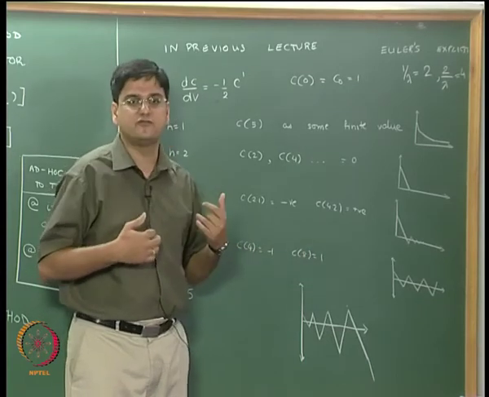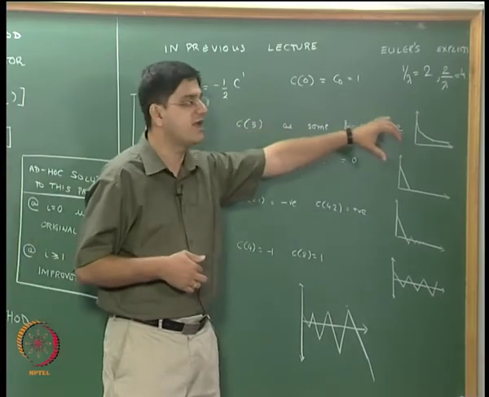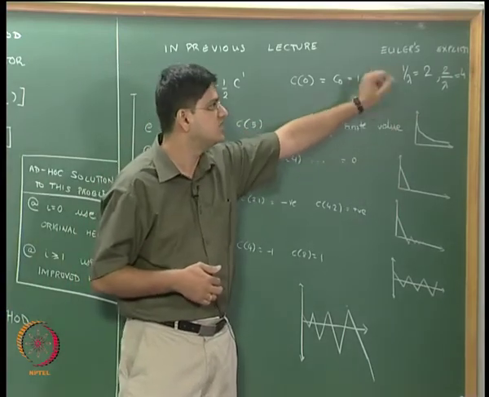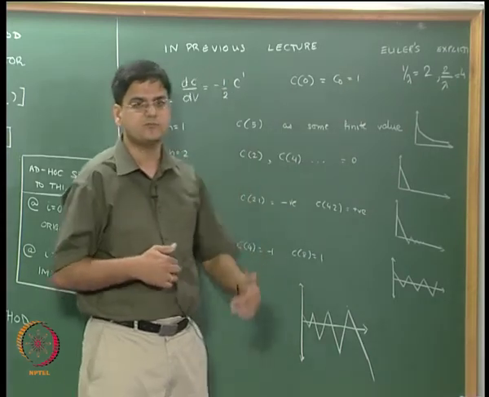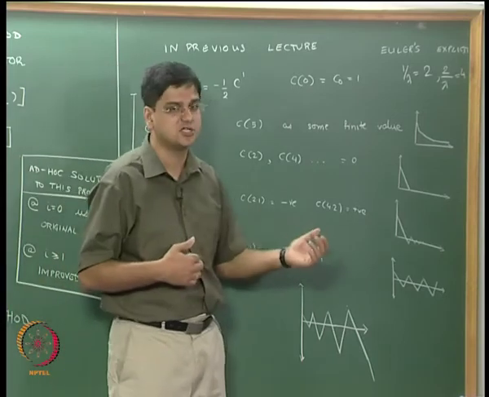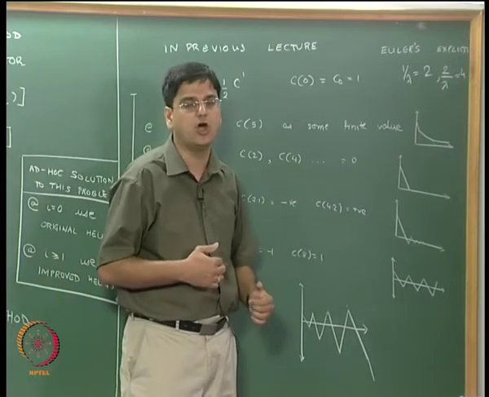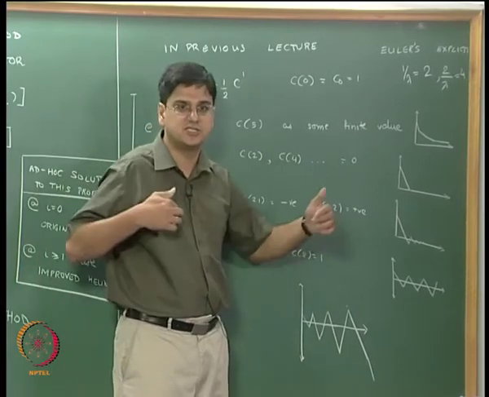In case of the RK2 method, the stability envelope for explicit RK2 methods is similar to that we see for Euler's method. When we go to the RK3 method, the stability envelope is much larger compared to Euler's explicit method. In the RK4 method, the stability envelope is still larger.